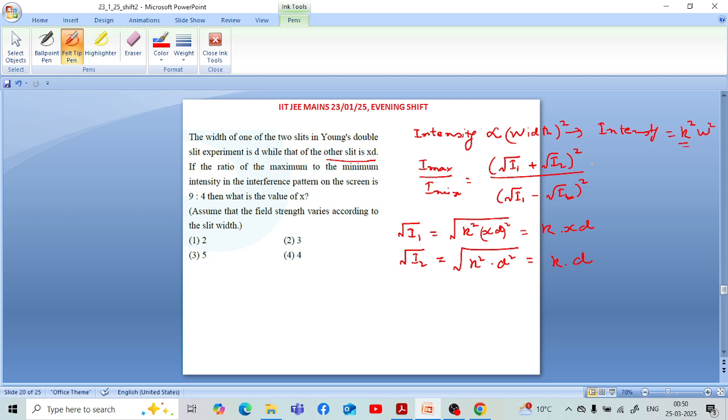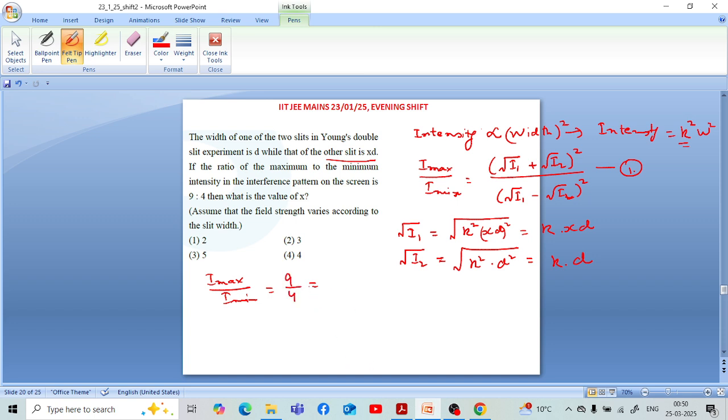Now putting the respective values of square root of I1 and square root of I2, let us call it equation 1. So we put the values of square root I1 and square root I2 in equation number 1. So I max upon I min ratio, which is also given in the problem, is given as 9/4.